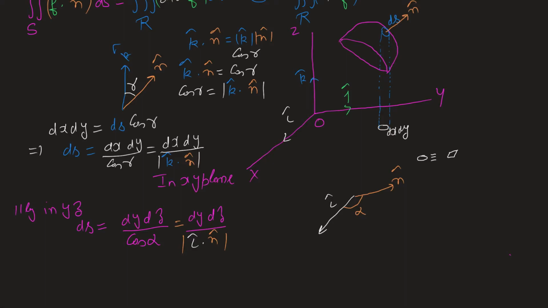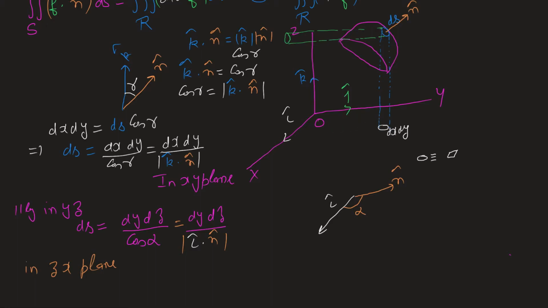Similarly in the zx plane, what will happen? So where is the zx plane? This is the zx plane. So this will be projected something like that in this plane. What is the direction of the normal to the zx plane? It is j cap.